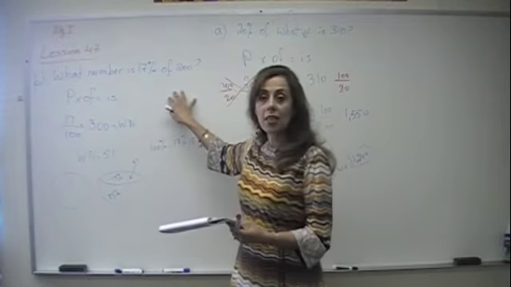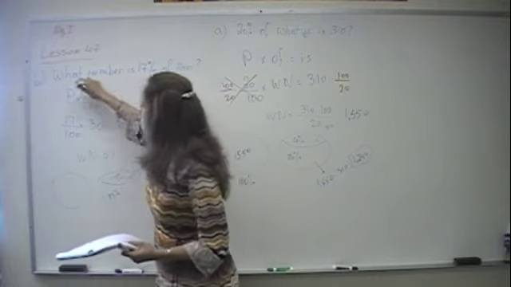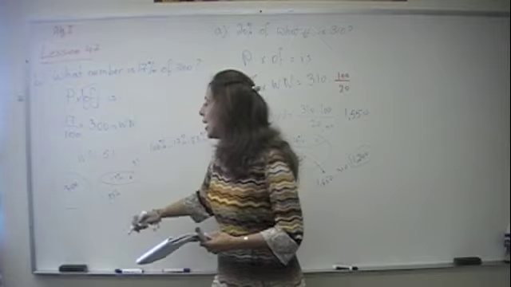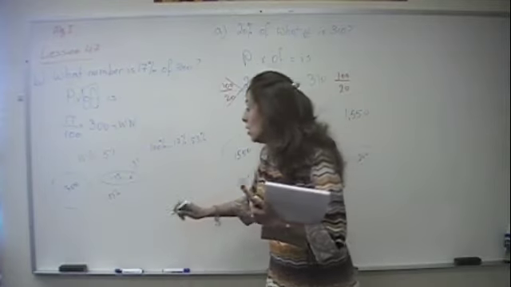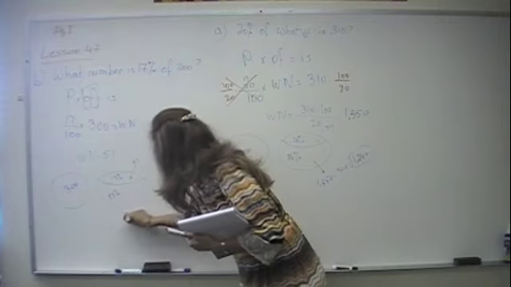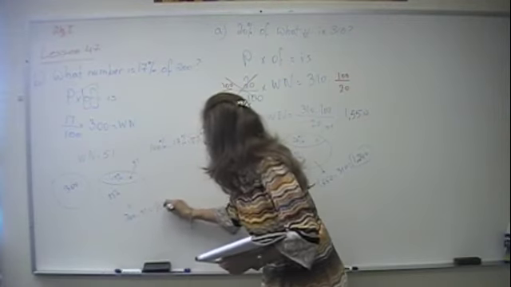The 100% is 300. Always of is your 100%. So here's your 300. What is my 83%? What I do is 300 minus 51, and that will be 249.